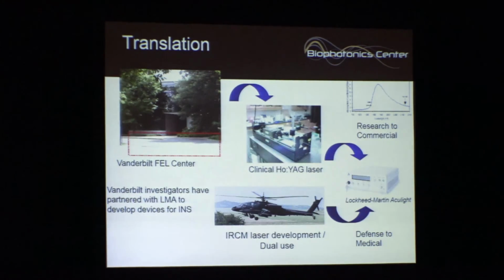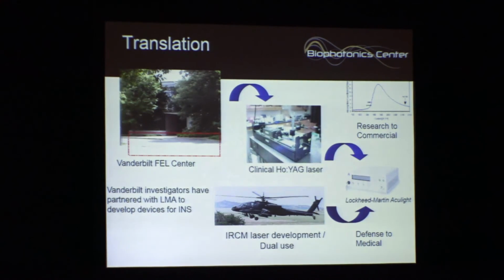We actually started this project, and that first experiment we did after having those drinks was using a free electron laser. Vanderbilt was one of the 5 centers funded from the medical free electron laser program that had an FEL that went from 2 to 10 microns. That's the laser we used to show feasibility of doing INS. From there we found the wavelength followed the inverse of the water absorption curve.